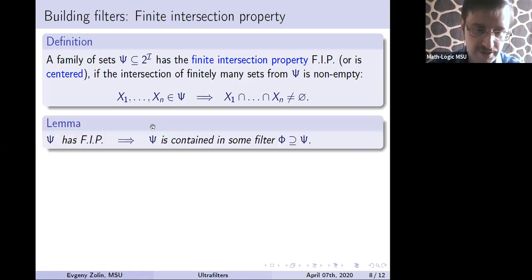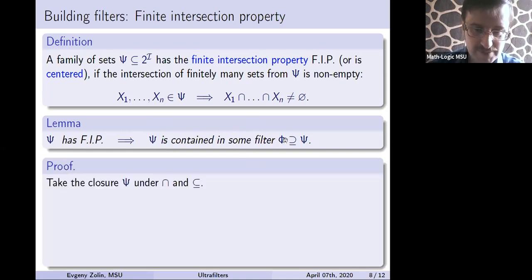So the main lemma about these families of sets: if psi has this finite intersection property, then it is contained in some filter. And moreover, we can explicitly build this filter. We can write a formula which exactly sets must be in phi.